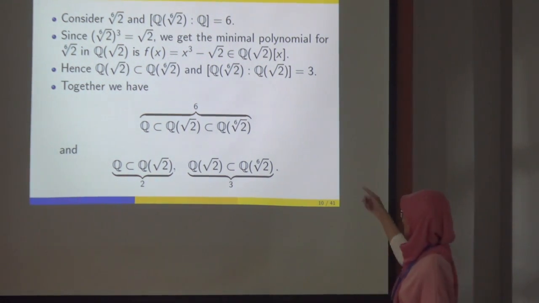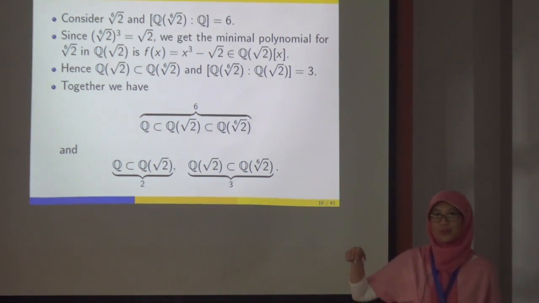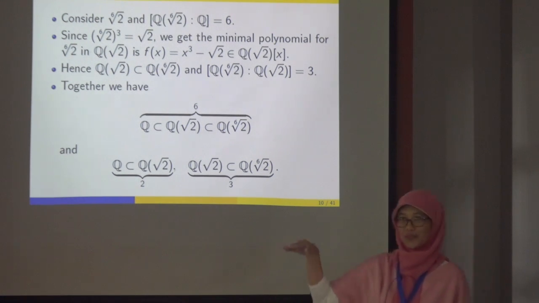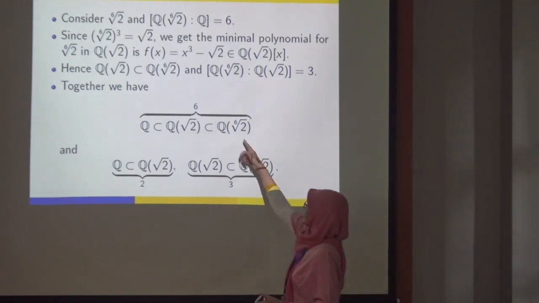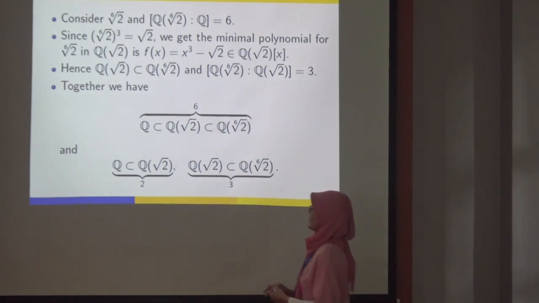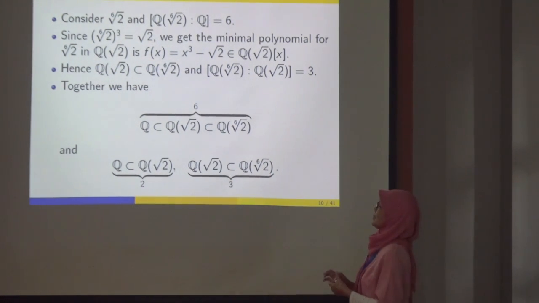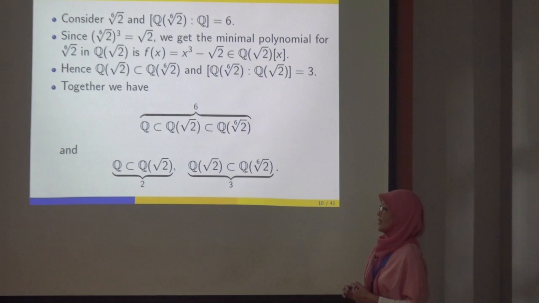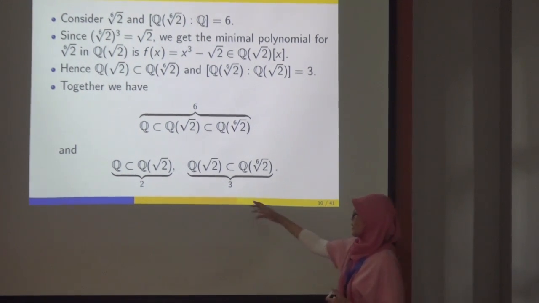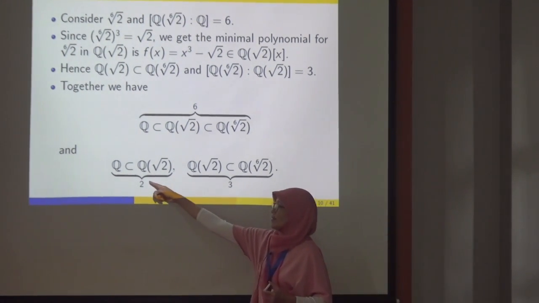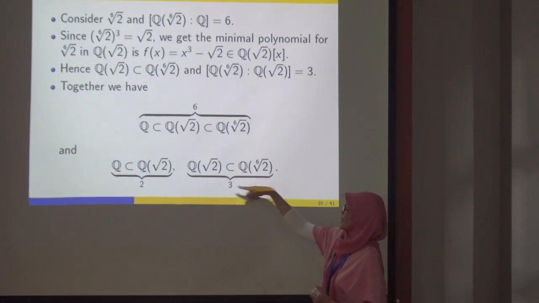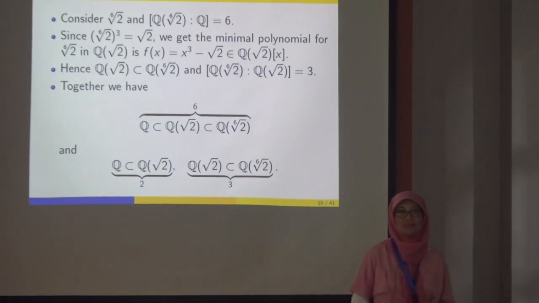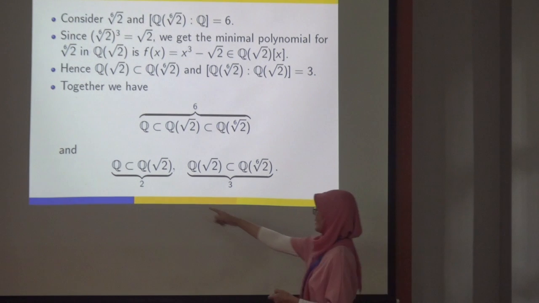Q(square root 2) contains Q, which means it is an extension field of Q, and this one is an extension field of that one. So the dimension is 6. Moreover, we also have this situation: the dimensions are 2 and 3, and you can see that 6 is the multiplication of both of these dimensions.